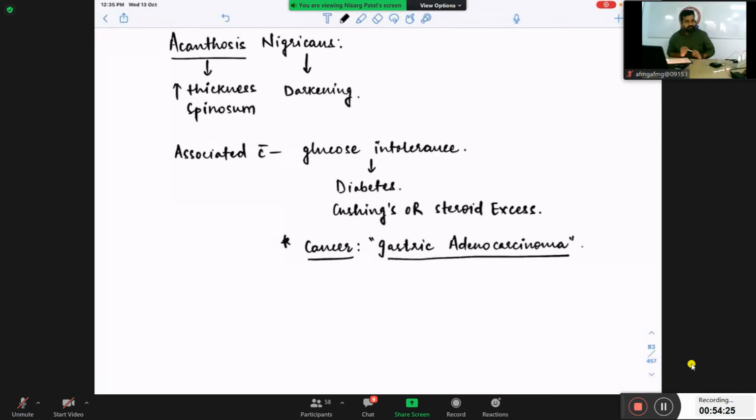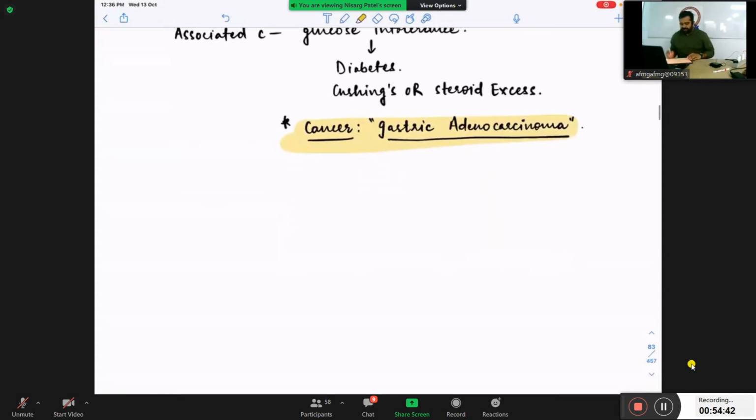Steroid excess, any disease which causes steroid excess. But commonly they ask, because this is an atypical presentation of cancer, so they ask which cancer is associated. It is a gastric adenocarcinoma.